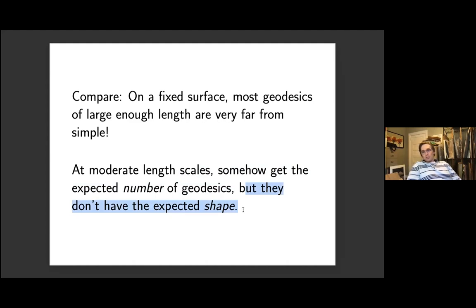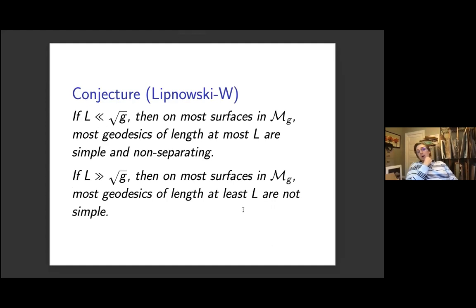So it's this sort of bizarre thing. At these moderate length scales, you're getting the typical asymptotic answer for the number of geodesics, but with geodesics that are very weird compared to what would happen if you fixed the surface and let the length go to infinity. It's a sort of weird conjecture, but this is it. At moderate length scales, most geodesics should be simple.